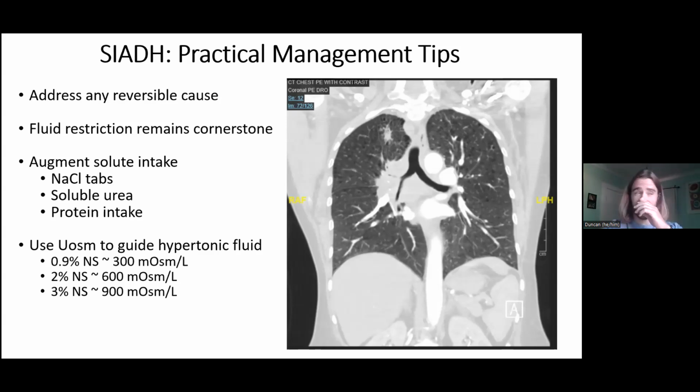For example, this poor lady, I think her urine osm was set at like 700. So we initially started on 2% hypertonic before that urine osm came back, since it takes a little bit of time. And even that 2% was still below the level that her kidneys were concentrating in the urine. And so she actually needed the 3% to get above that osmolality threshold and actually cause her to be able to raise her tonicity a little bit.